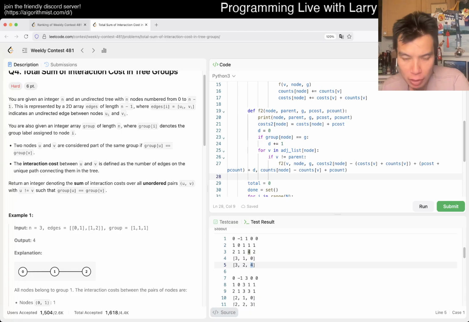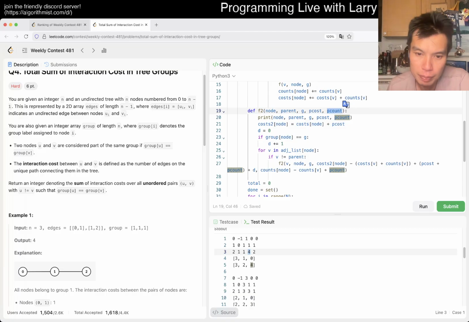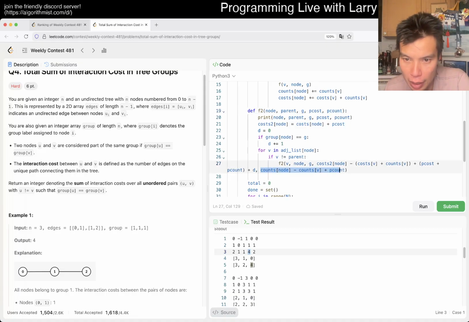This was not enough. Okay, so why do I have 4 here? I have 4 here because the P count is 1. This really could be just n minus count.